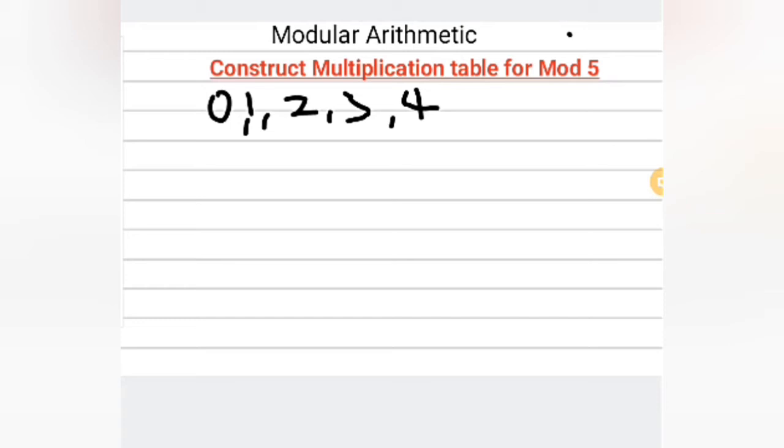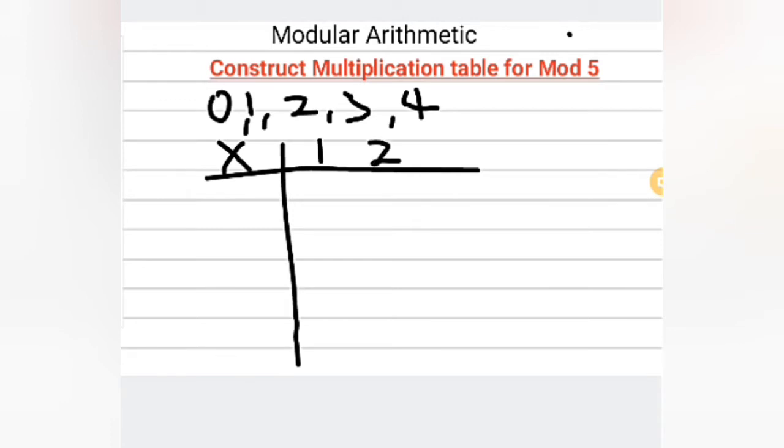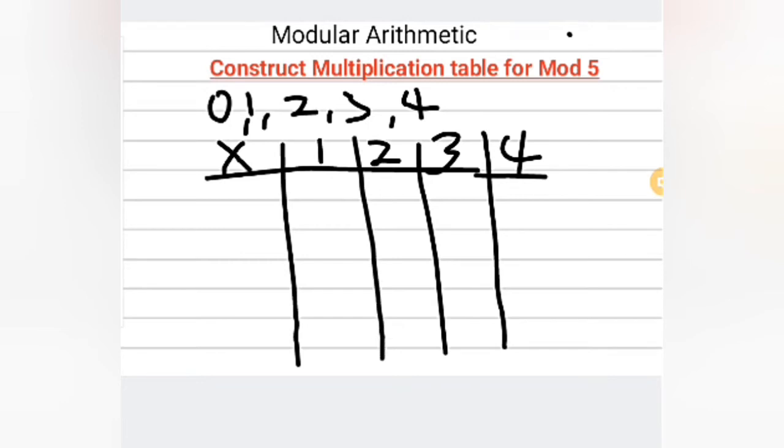So to construct this modulus table, we use the same approach. We have this, the times 1, 2, 3, 4. So here too we have 1, 2, 3, and 4.